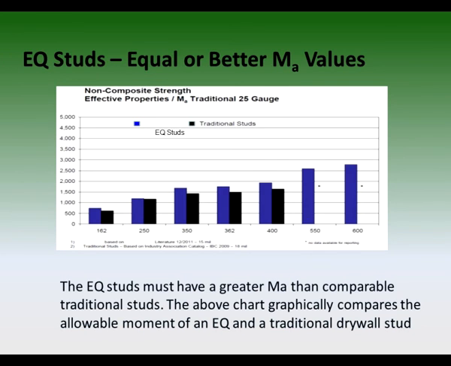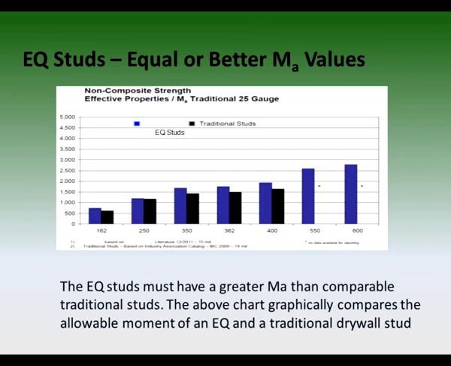Remember, part of the requirements for an EQ stud is that its allowable bending moment must meet or exceed that of its comparable conventional stud. This chart shows this graphically. Along the same lines, screws for EQ studs must meet performance requirements established by testing.